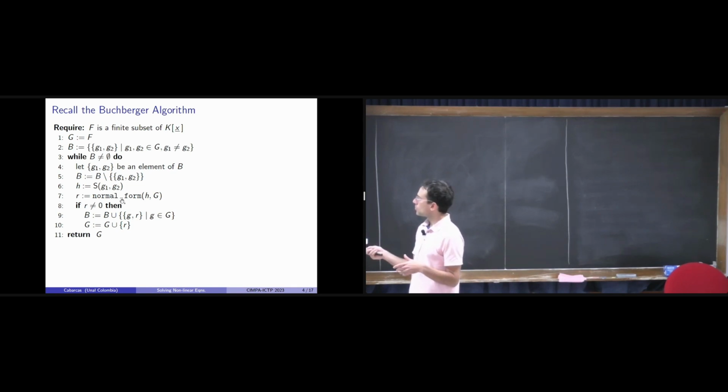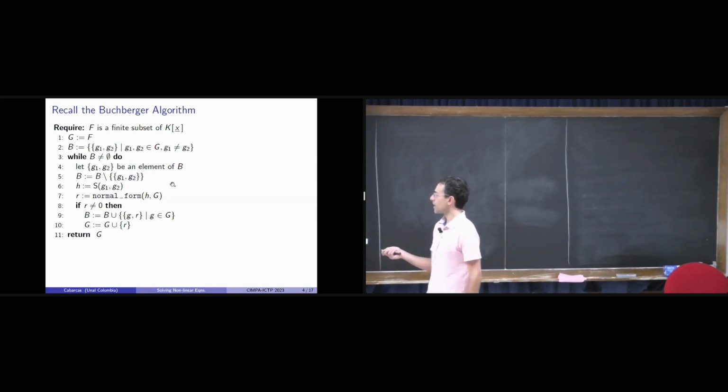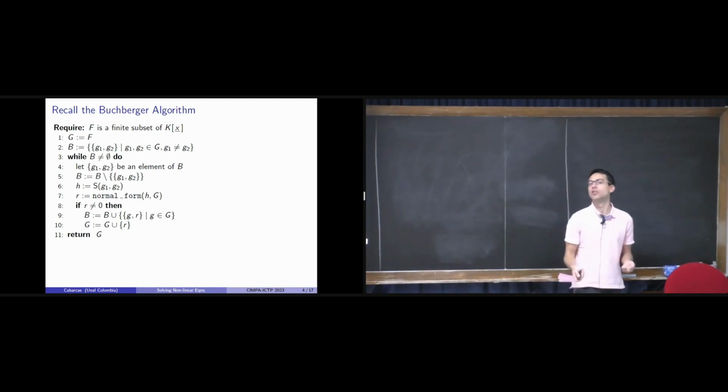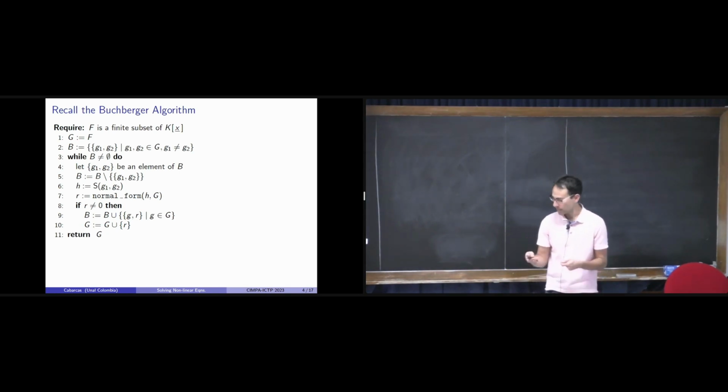We consider all pairs of elements from G. And then while there are elements in B, we pick one, we remove it from the set of pairs, we compute the S polynomial, then we compute the normal form, that is the remainder under division by G of that S polynomial, and if that remainder is different from 0, we add that element to the basis. And we consider new pairs of that element with the old elements in the basis.